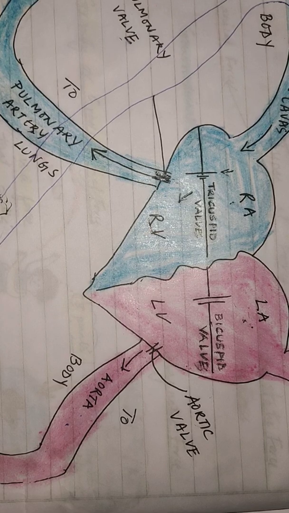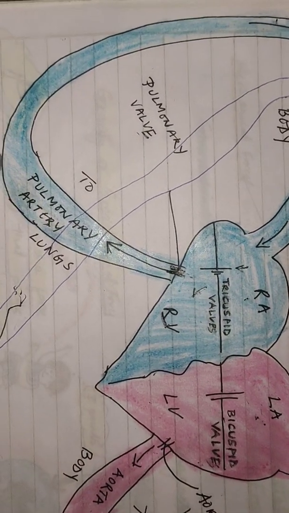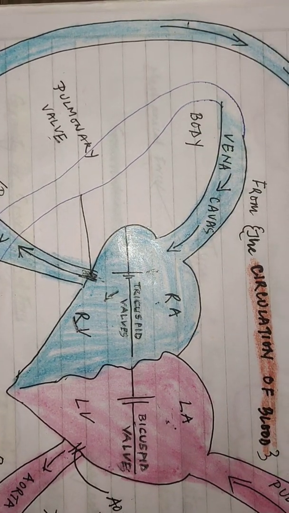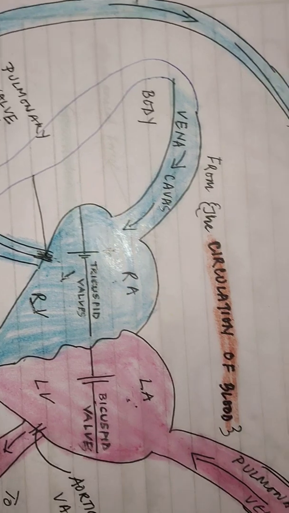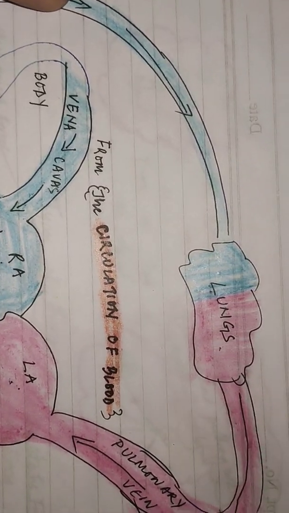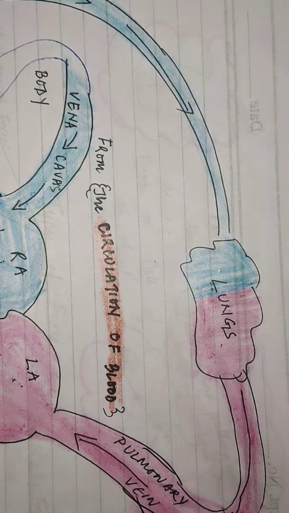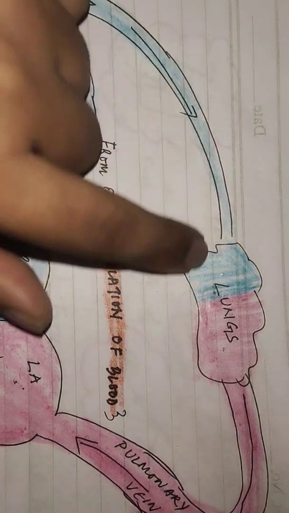All right, so it has to pass for oxygenation. So from the pulmonary artery it moves to the lungs for oxygenation.